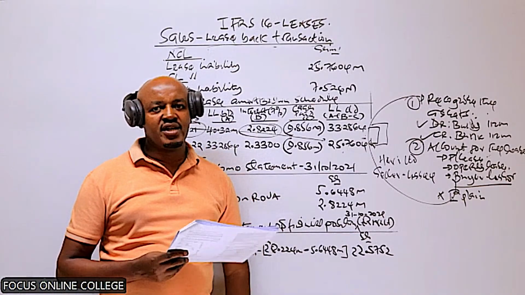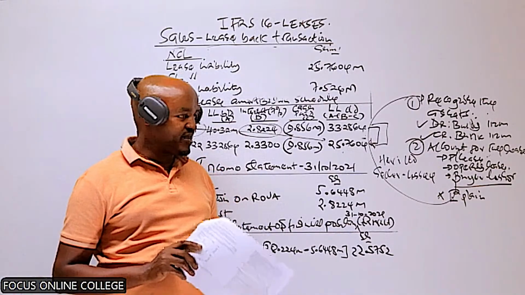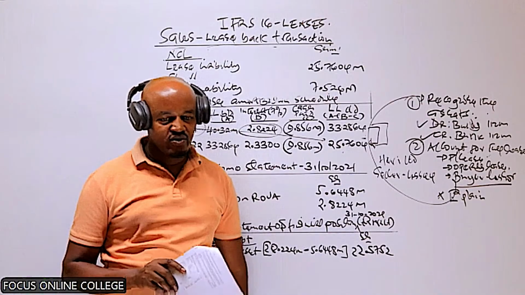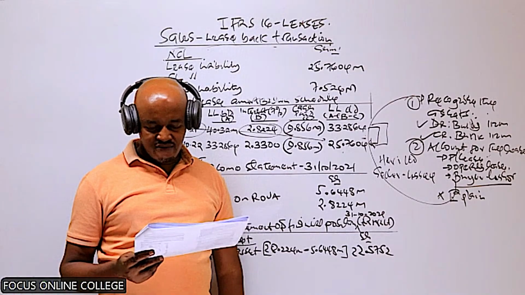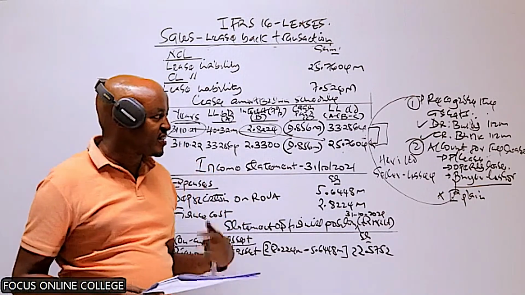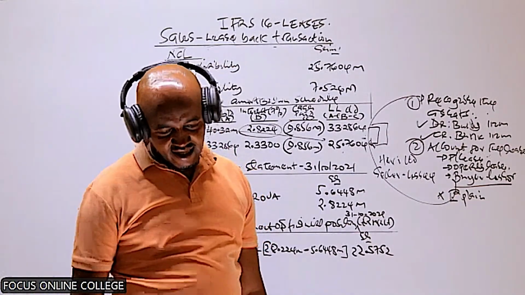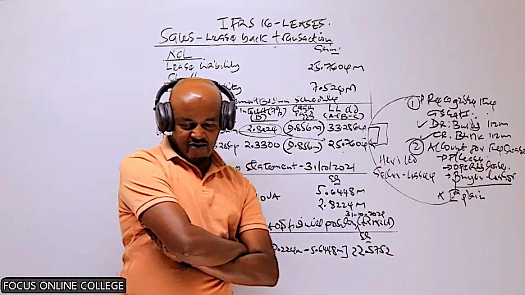You have to recall the criteria we discussed in our previous class. Which criteria should be used by the owner of the asset in terms of determining whether the risk is a finance or an operating? I can see a criteria there. I think we only have one.